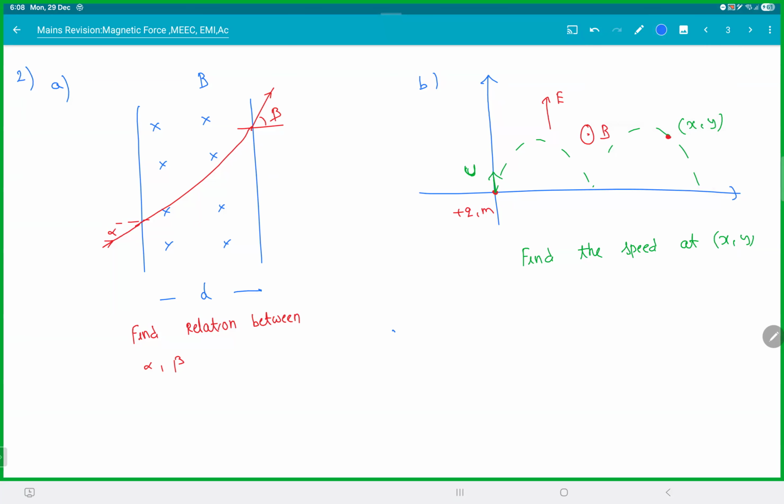A part, right? Most people know what to do when it enters perpendicular and leaves like this. The moment I give you an angle, if you go back to the notes and check, we even did it when you had multiple layers.